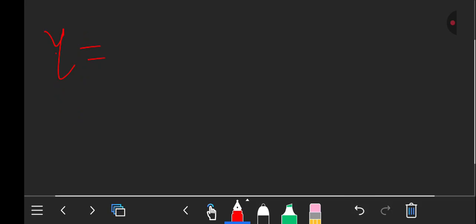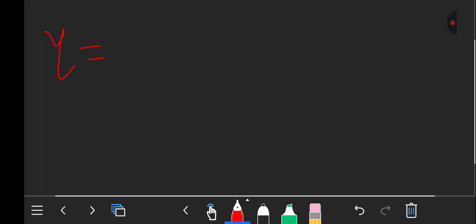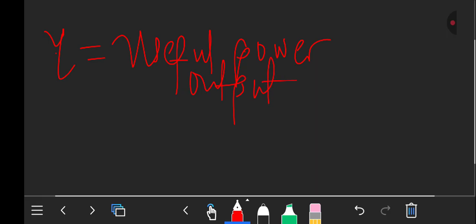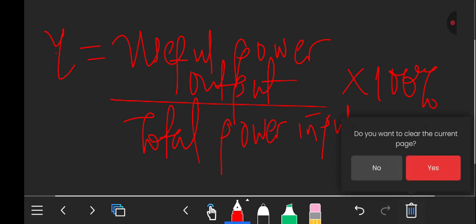So efficiency is equal to, in this case we are dealing with power, useful power output over total power input, multiplied by 100%. Now let's do the substitution.